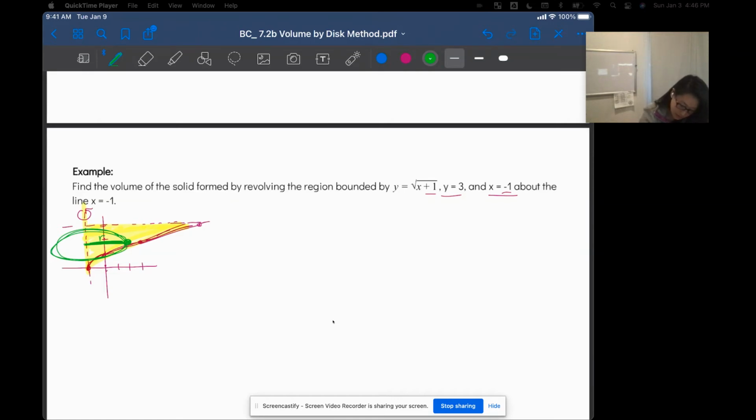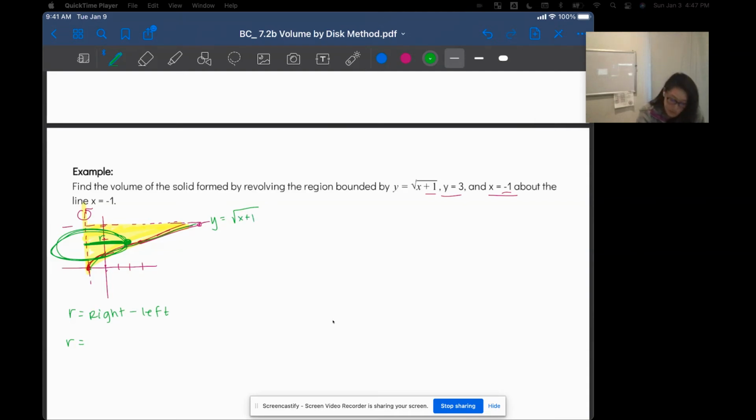This time it looks like the radius is equal to the right curve minus the left curve. And I look just to make sure that the one curve is always the right curve, just in case I need to make 2 integrals. So the radius is equal to, and again, I have a problem because my right curve, y is equal to the square root of x plus 1, is written in terms of x.